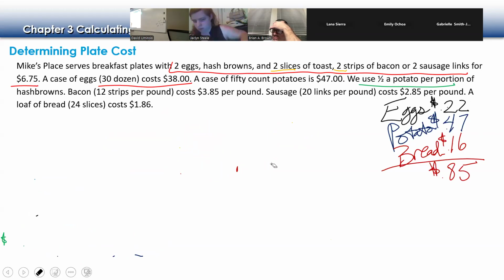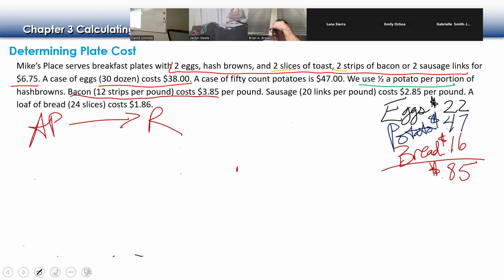Now let's talk about bacon and sausage. Bacon, AP to recipe. Bacon is 12 strips per pound, and it costs $3.85. So if we do $3.85 per pound, and my recipe is 2 strips, do my units match?